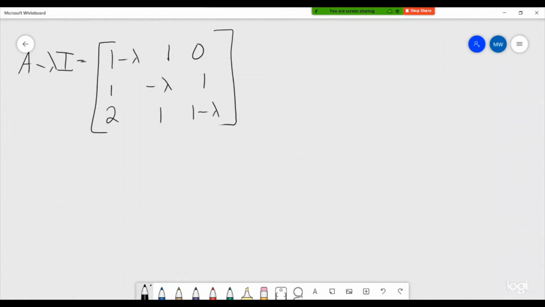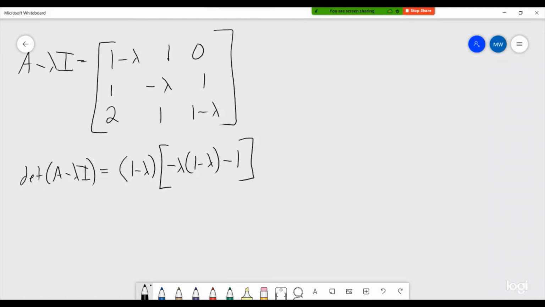Okay, so then the determinant of A minus lambda I is going to be 1 minus lambda times negative lambda, 1 minus lambda, minus 1, minus 1 times 1 minus lambda, minus 2, and then plus 0 times 1 plus 2 lambda.